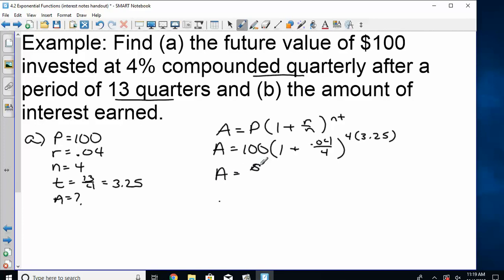You are talking about money, so you should round to 2 decimal places only. $113.81. If you did not get that, let me look at your calculator.